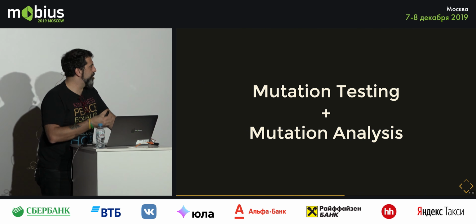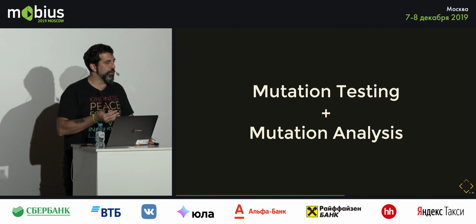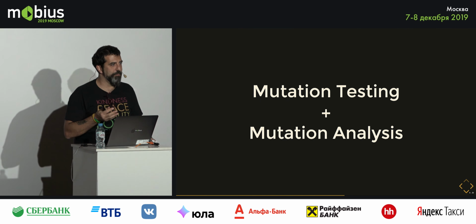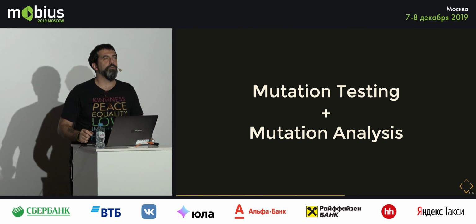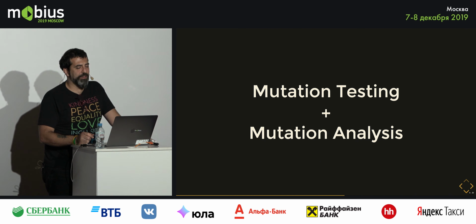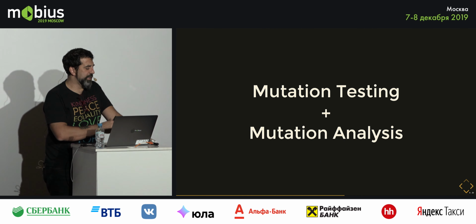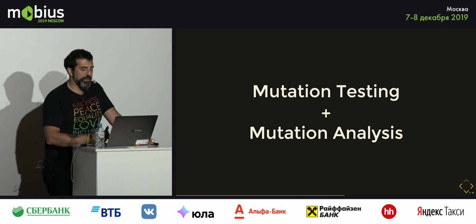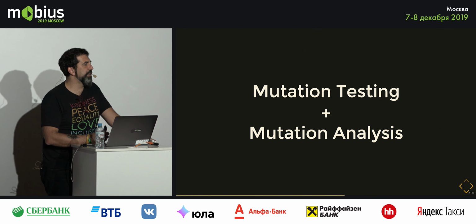One of the big problems with this technique is not that it doesn't work, it's that it's slow. Imagine that if you run a simple, whatever, let's talk about FMT, that is a C++ library to format your output. If you run mutation testing on that, it creates 409 mutants.